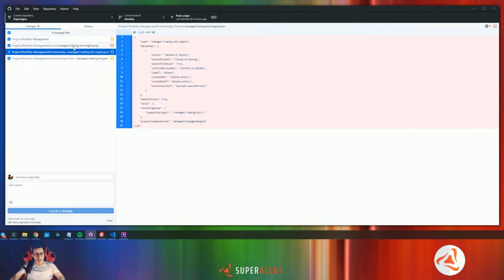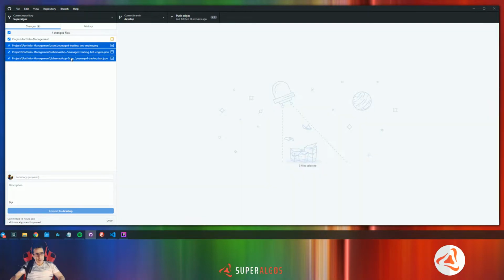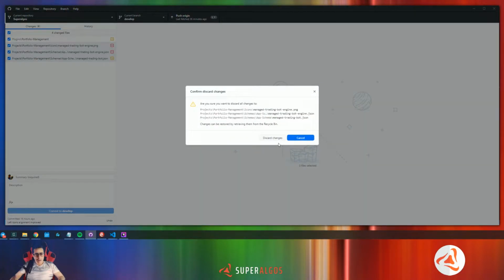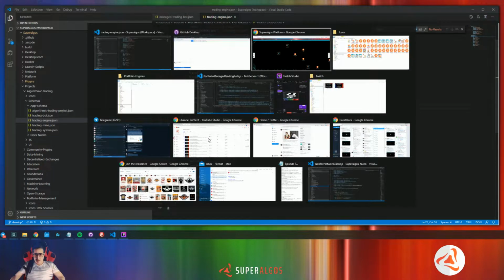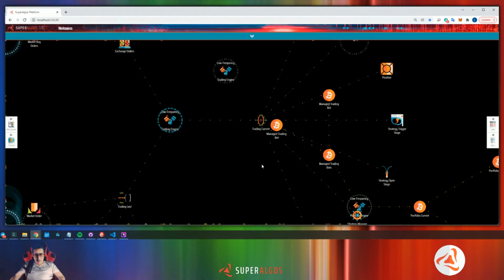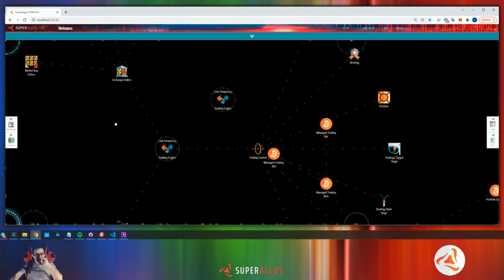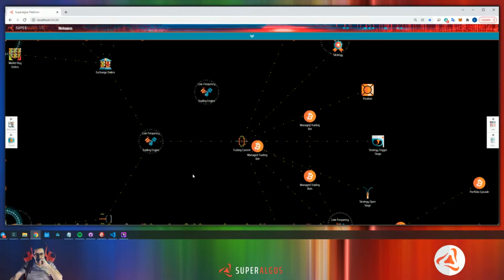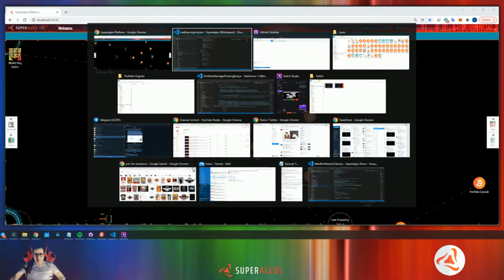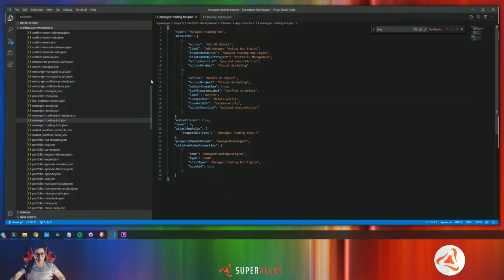I will revert the changes. Okay, so I will have those nodes, but also I will need to connect these guys into this new node type that is not really new, but into this guy.